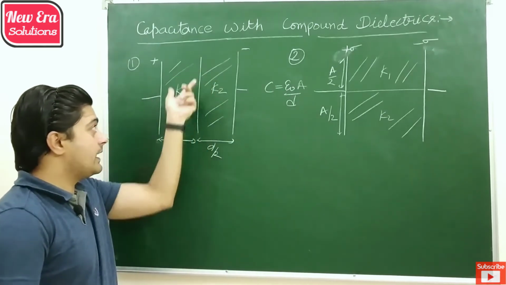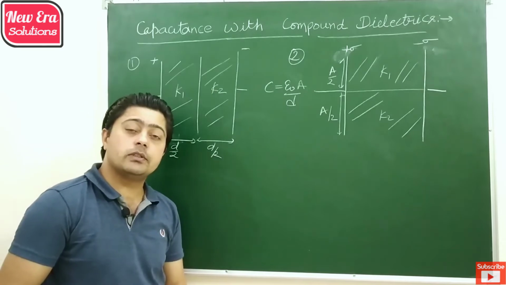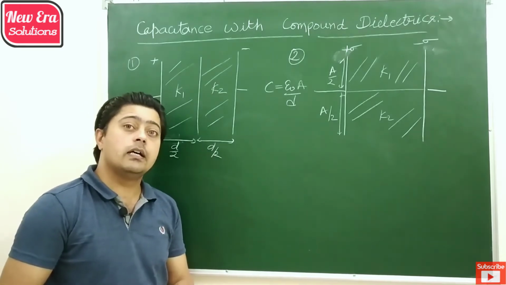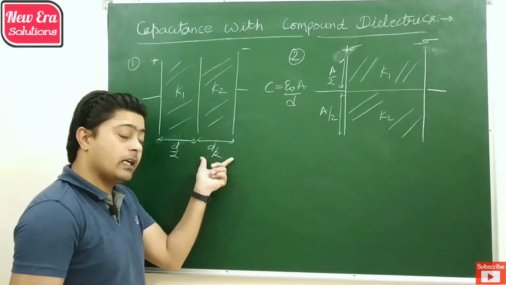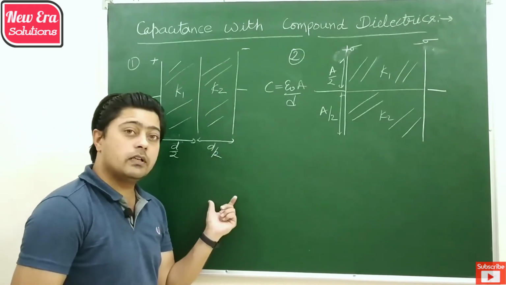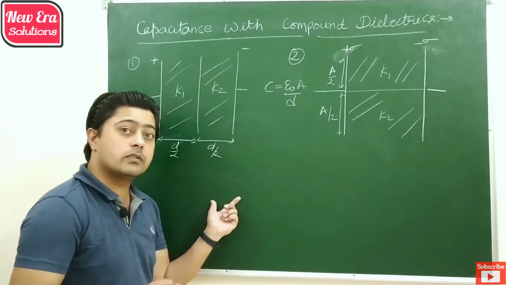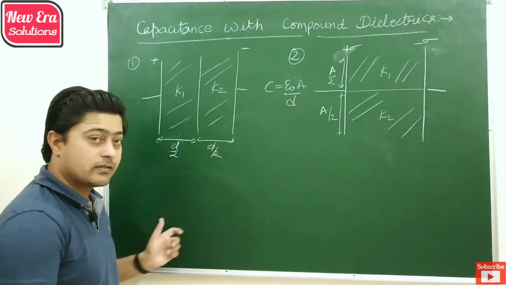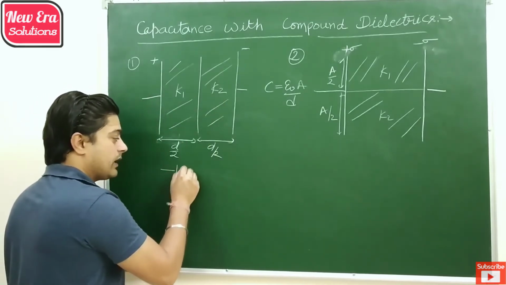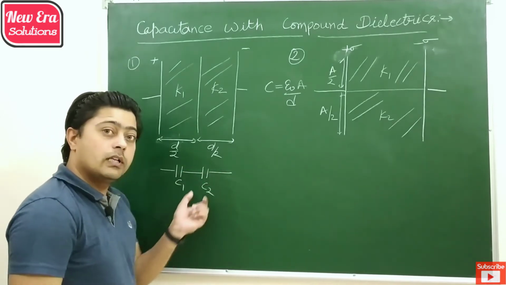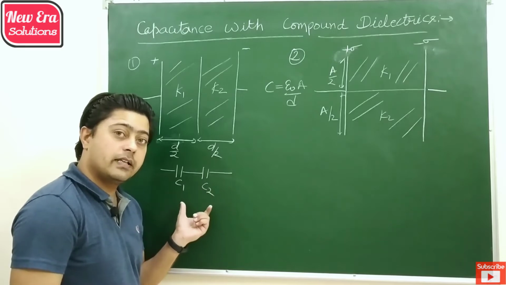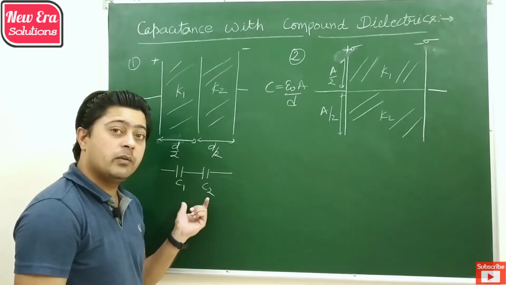In the first case, half of the capacitor is filled with a dielectric medium of dielectric constant K1 and the remaining half is filled with a dielectric medium of dielectric constant K2. As you see, the system behaves like two capacitors connected in series. So the charge of both capacitors is the same and they have different potentials.